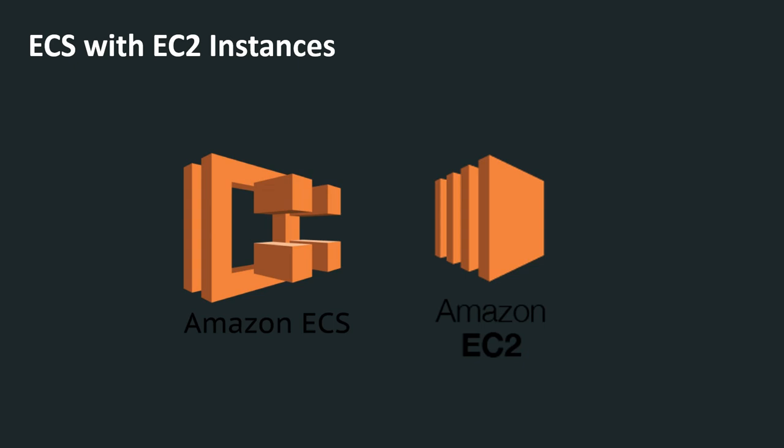So now you have delegated the management of your containerized application, or your container basically, to the AWS service, which of course makes your operation easier. However, you still have the infrastructure to manage, the virtual servers.